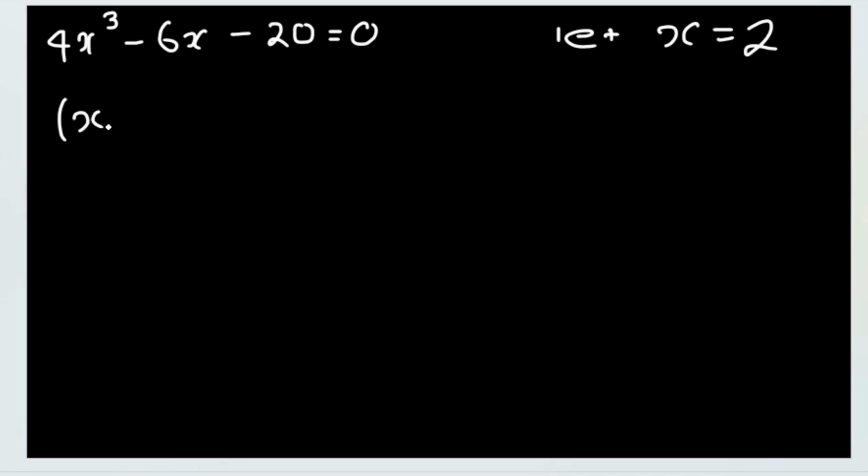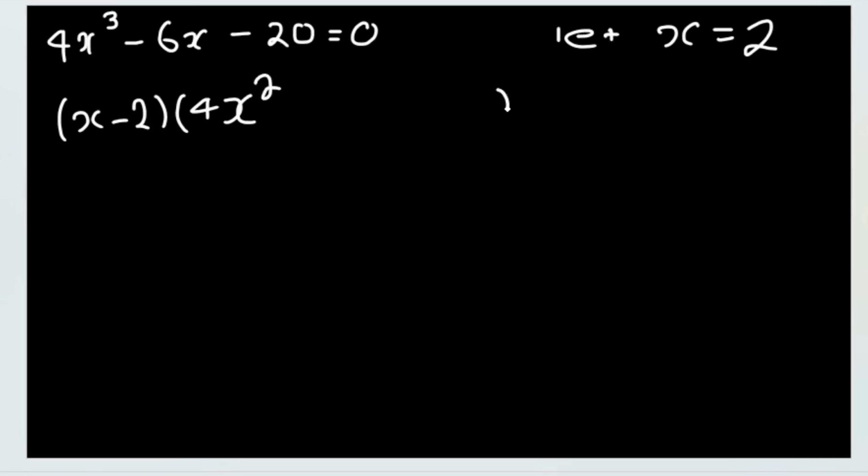Okay, I will say x minus 2 into, firstly, if x minus 2 is a first term to multiply a trinomial term inside, the trinomial term will be created as follows. Number 1, it will be having 4x squared, the trinomial.